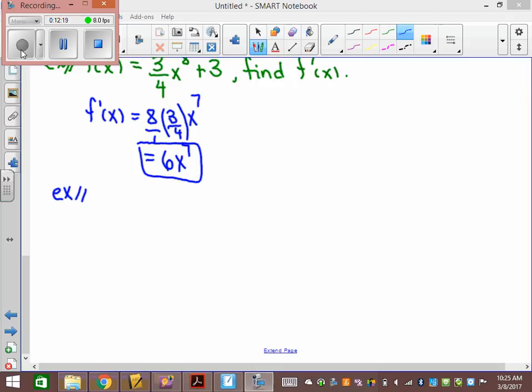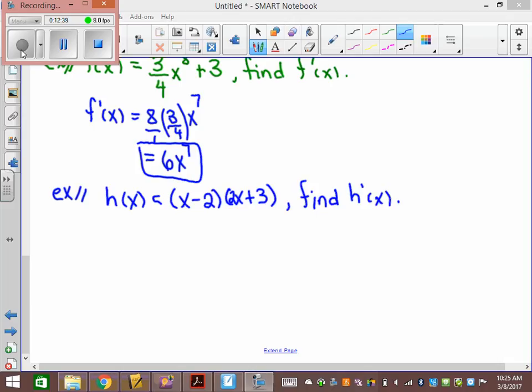Example. So the only rule I've given you so far is that it has to be a polynomial. It has to be expanded. When you see this tomorrow, you'll think, hey, do product rule.